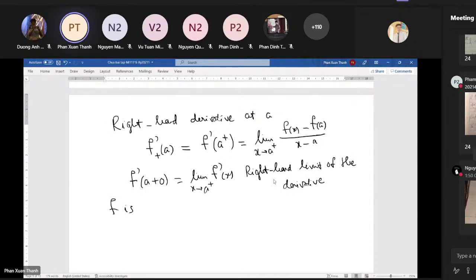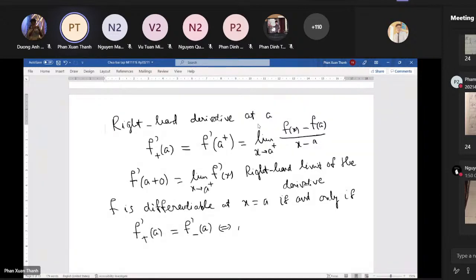And the function f is differentiable at x equals a if and only if the right hand derivative equals the left hand derivative, or equivalently the limit as x approaches a from the right equals the limit from the left of f prime of x.